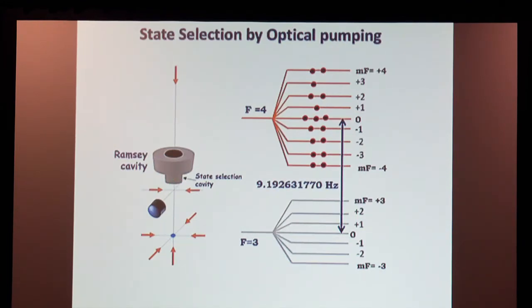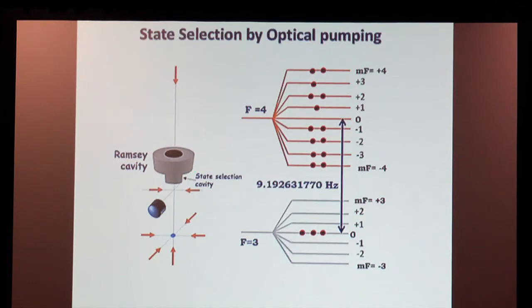When the atoms are passing through the state selection cavity, we shine a pi pulse of radiation corresponding to the clock transition. And when I shine the pi pulse, only the atoms in 4-0 make a transition to 3-0.